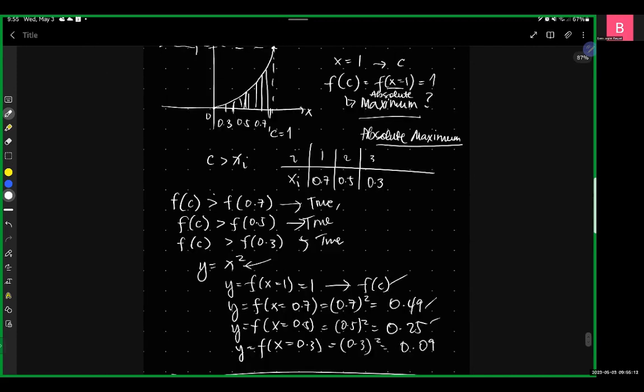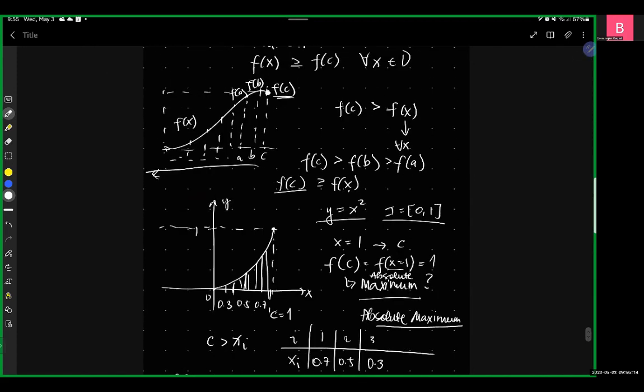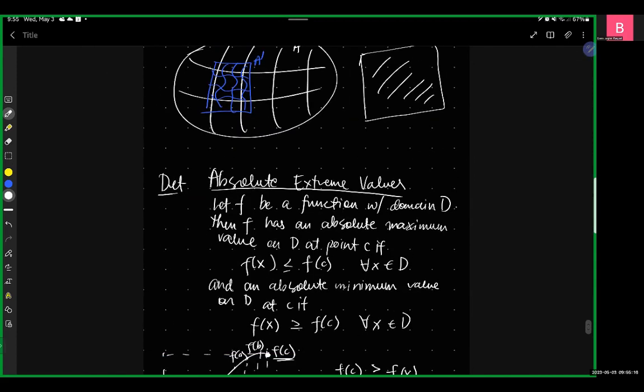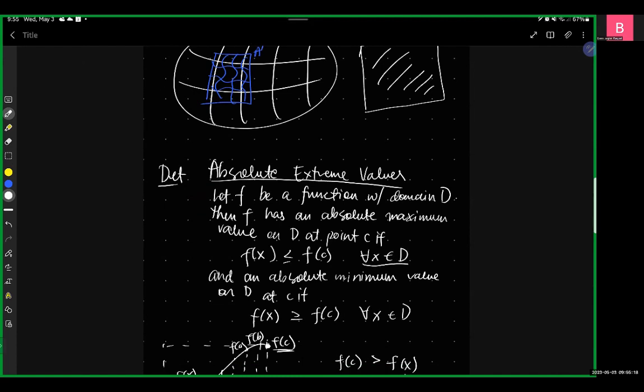You must check all values of x, and this is important, before or after the point c on which you're checking the function. Whether it is the maximum or minimum, whether it is the absolute maximum or minimum, check every value that exists for the given interval. So that's the idea.